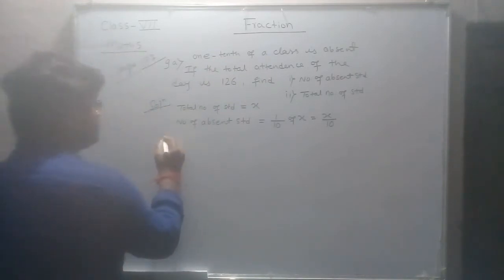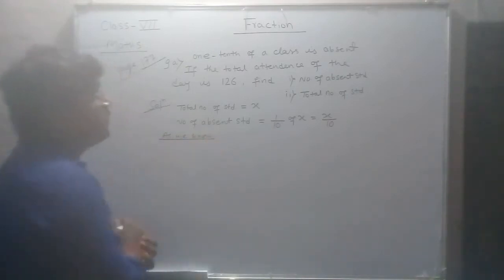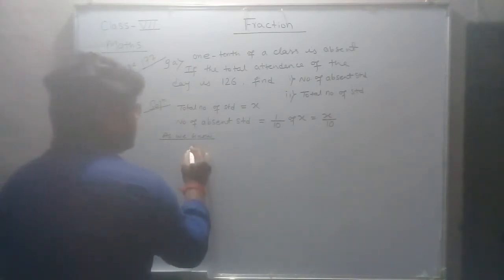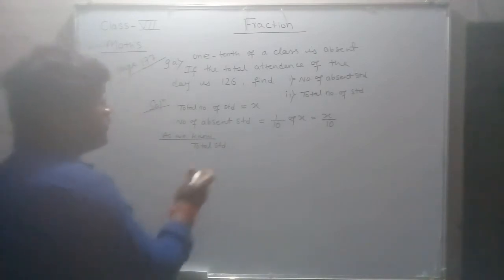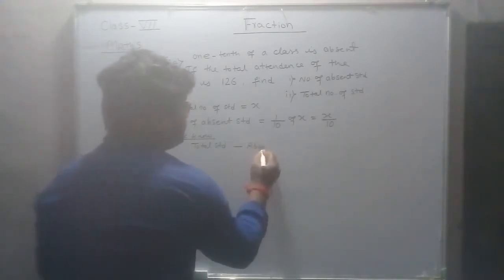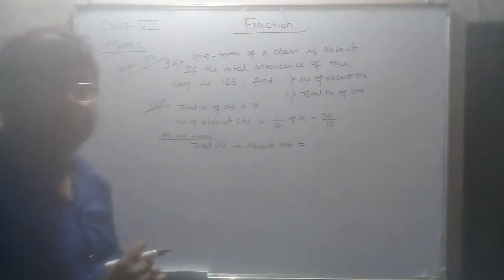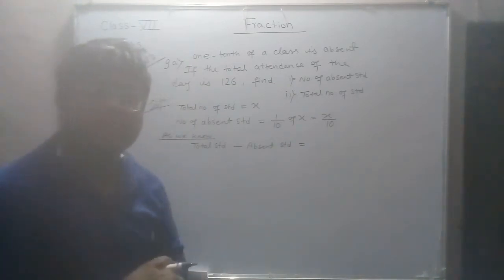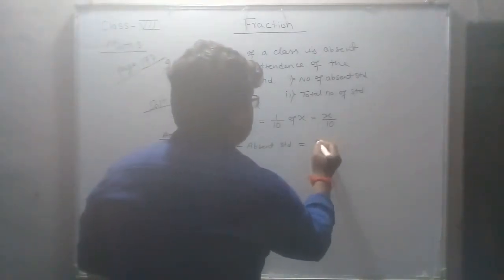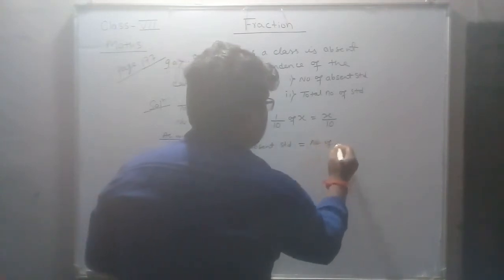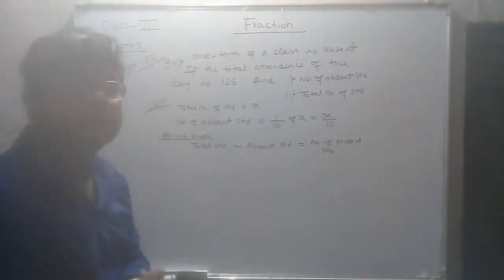So as we know, from the total students, if we subtract the absent students, then we get the number of present students, or that is the total attendance of that class.